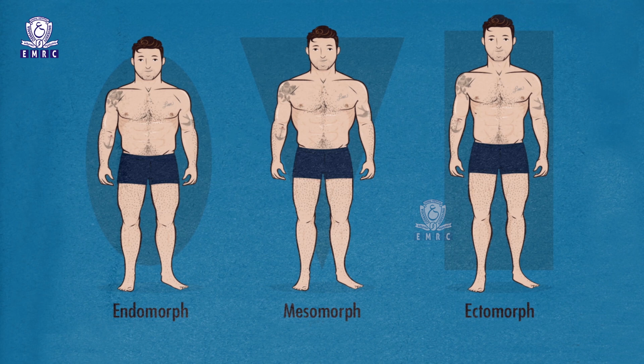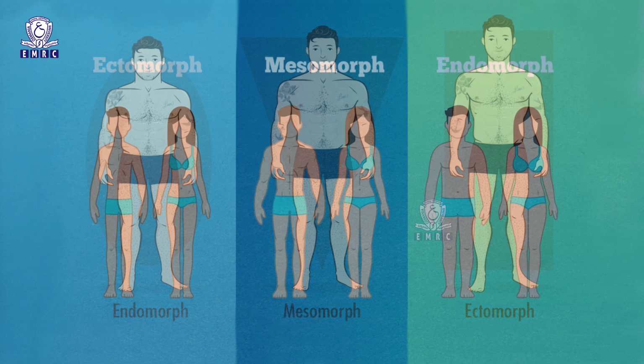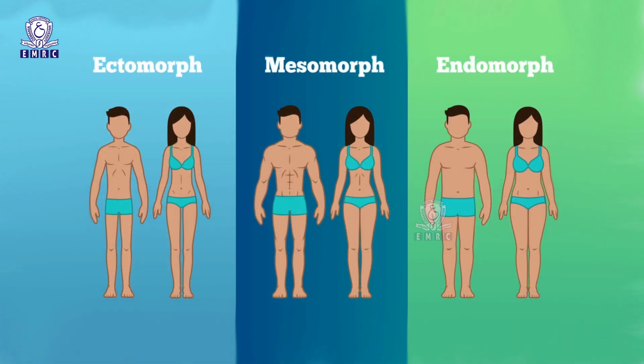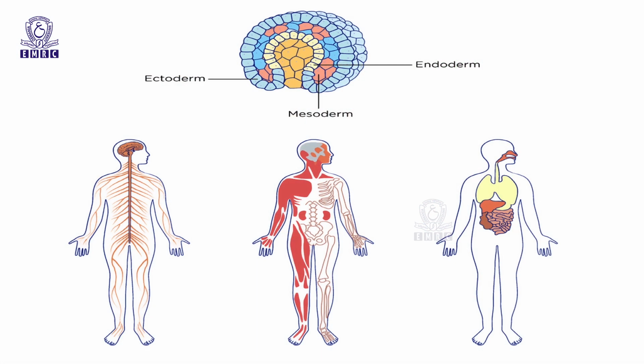These types Sheldon called endomorphs, mesomorphs and ectomorphs. These terms are derived from three layers of the embryo: the endoderm, which develops into viscera and digestive system, the mesoderm, which develops into bones and muscular system, and the ectoderm, which develops into skin and nervous system.